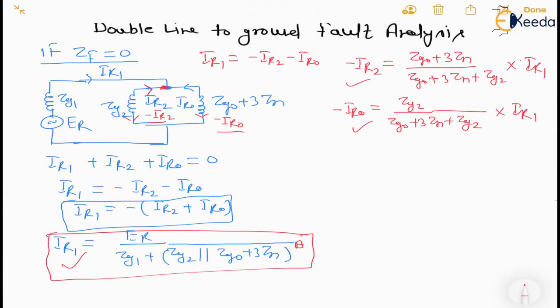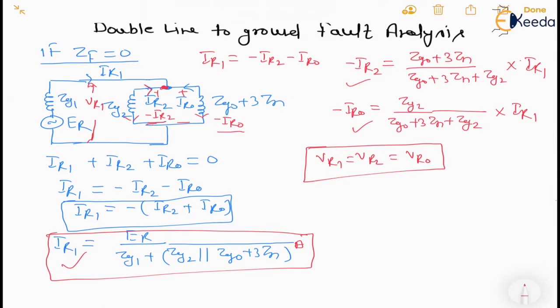And one more thing we need to discuss is that in this you can see clearly that all the three voltages, that is here VR1 and here plus minus VR2 and here plus minus VR0, are equal, means VR1 is equal to VR2 is equal to VR0.